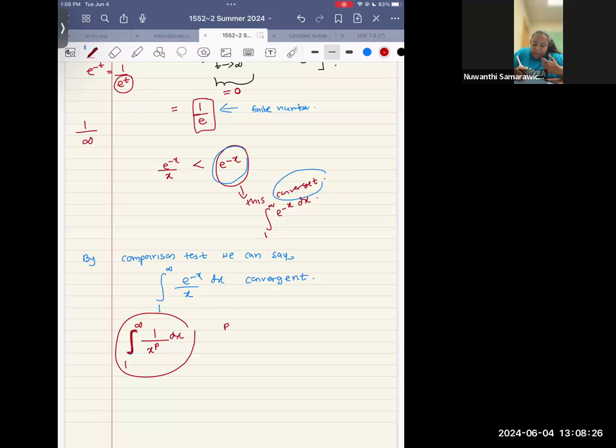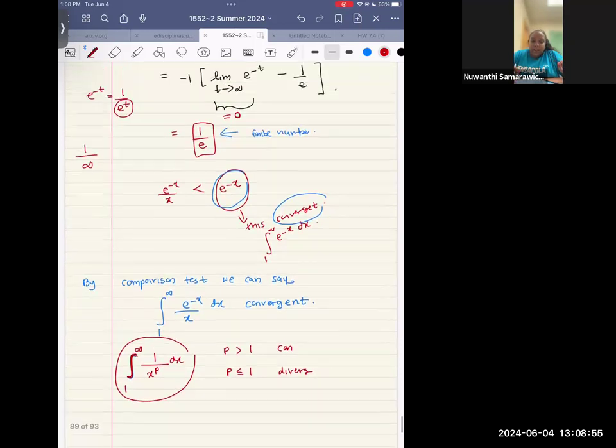When p is greater than 1 it is convergent, and when p is less than or equal to 1 it is divergent. Finding your comparison function is different from question to question. You cannot say there is one method to find the function g.